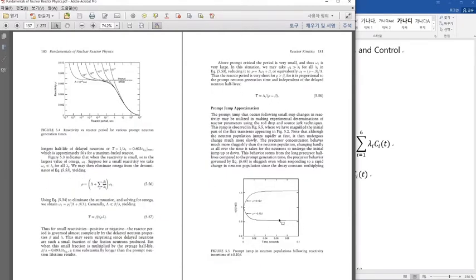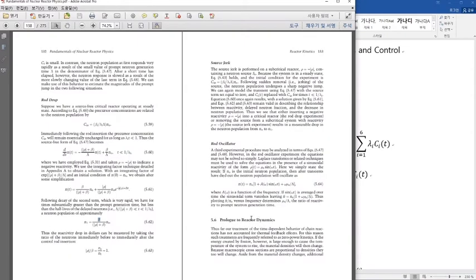So with the equation 5.62, we will be able to calculate the amount of prompt jump after load drop or after sudden insertion of positive reactivity.